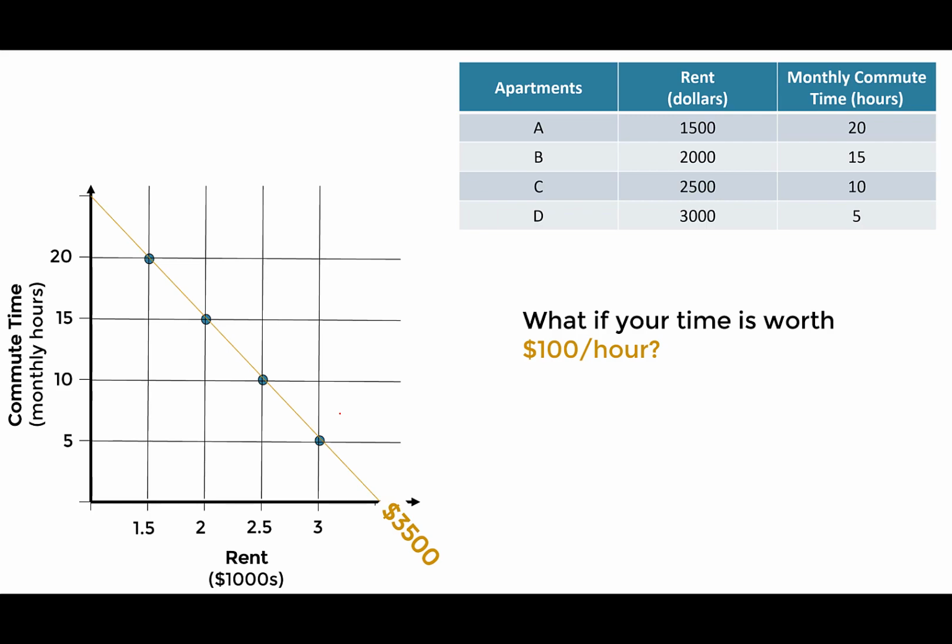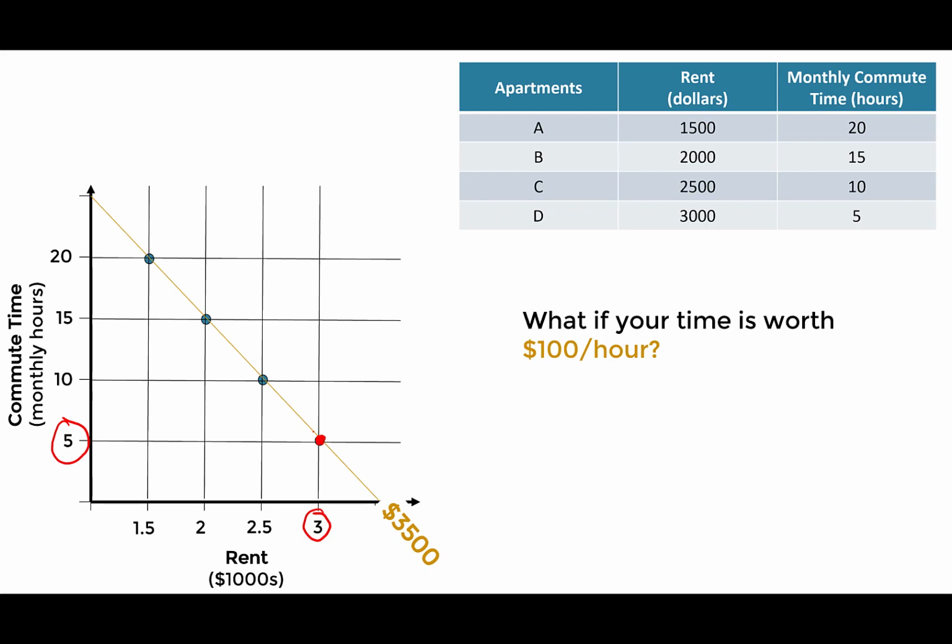So anything on this line is equally preferred in terms of rent and monthly commute time if your time is worth $100 an hour. And you can see, let's take apartment D, we have $3,000 of rent and we have 5 hours at $100 an hour. So it's $3,500 for apartment D.